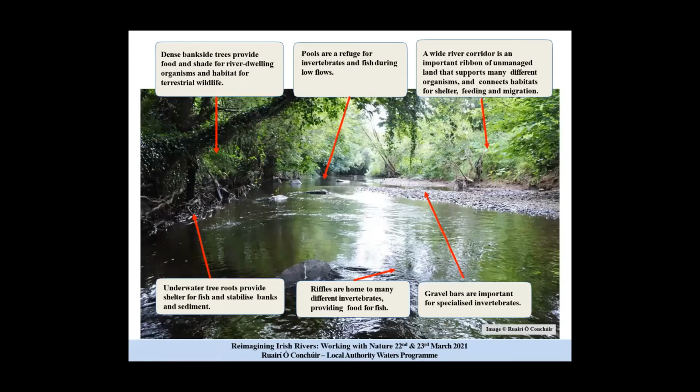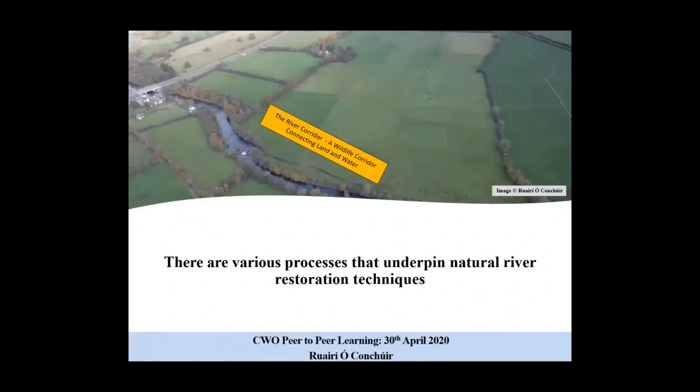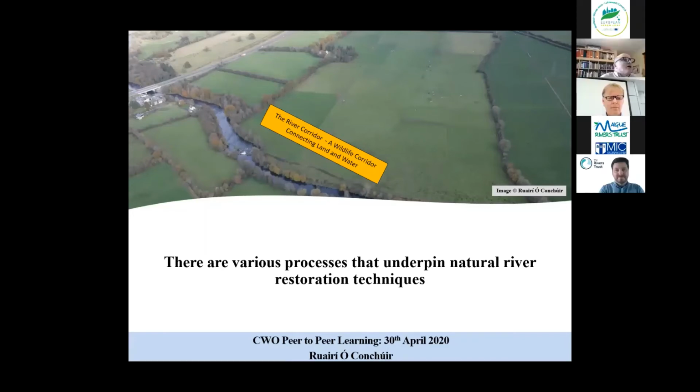So what do we see and what processes underpin natural river restoration techniques? So again, this is a river corridor. It's a wildlife corridor. It's a corridor for bats, a corridor for animals. It's connecting land and water. But there are multiple processes at play here.